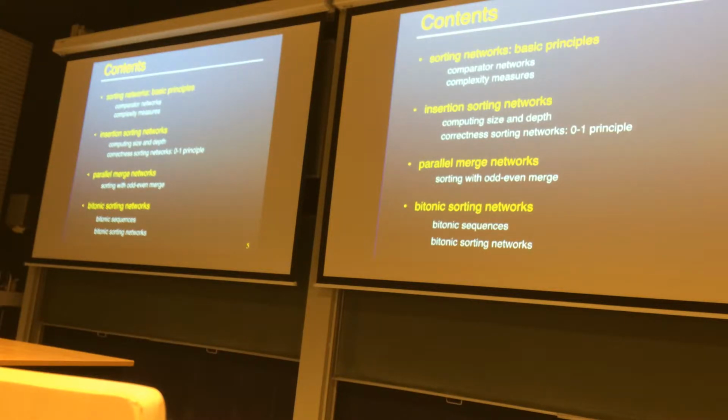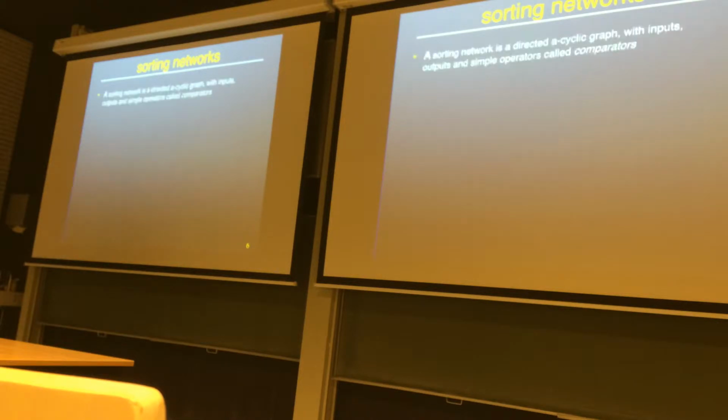So given an arbitrary vector, how to transform it into a series of bitonic vectors, and then using the kind of merging principle to obtain a bitonic sorting network. For all of them, of course, we will give the corresponding complexity measures. So that's the topic for today, and let's just start with a sorting network.